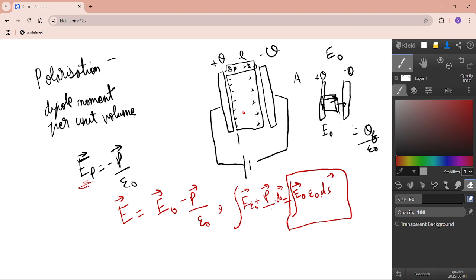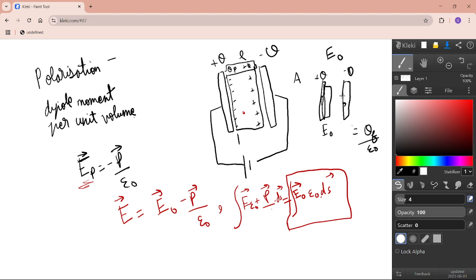So let me consider not this as the Gaussian surface, but this whole cylinder as the Gaussian surface.